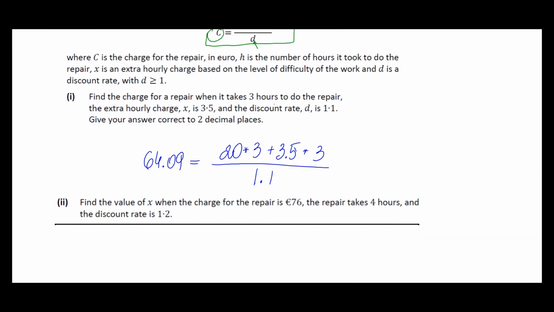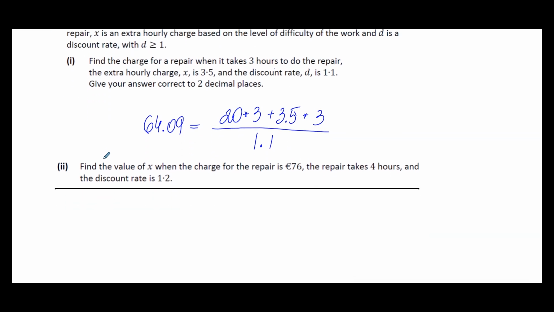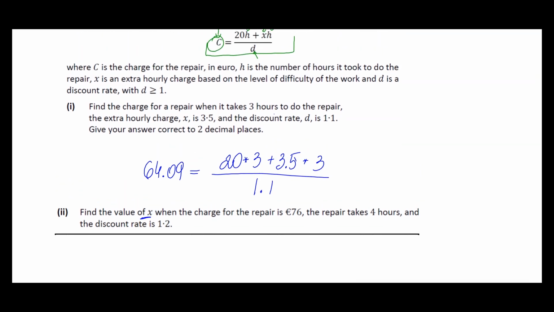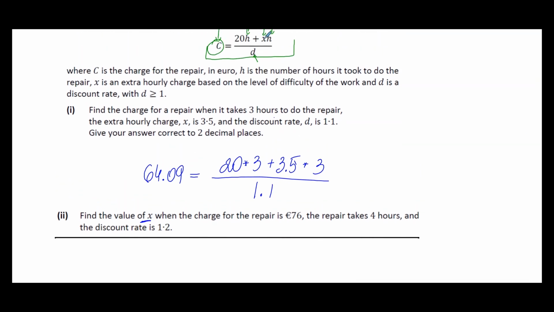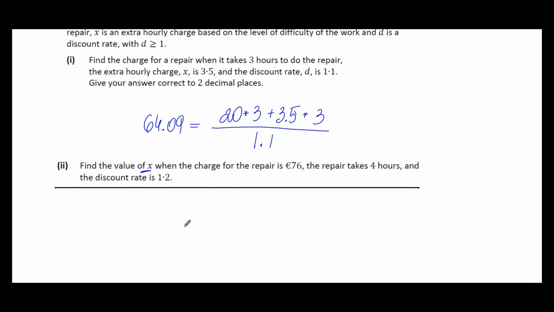Okay, now let's have a look at the next part. Find the value of X. This time, I'm not looking for C, I'm looking for X. Let me write the formula again so that I can start replacing the letters with numbers, plus X multiplied by H and then D. So I know X will remain my letter.